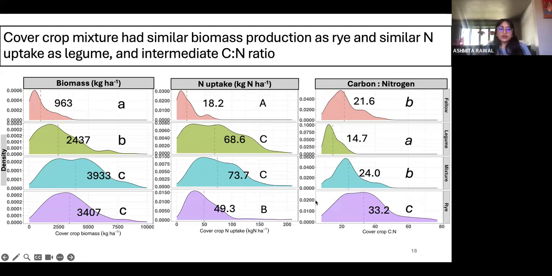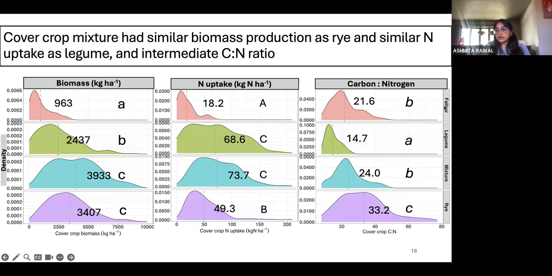This is a busy slide. I'll walk you through this. We have 3 variables here: a summary of biomass, nitrogen uptake, which is nitrogen that has been taken up in the biomass, in kilograms nitrogen per hectare, and then carbon to nitrogen ratio. This is for 4 different cover crop treatments, which are represented through different colors.